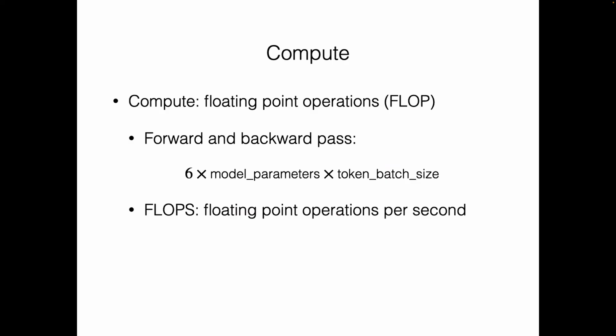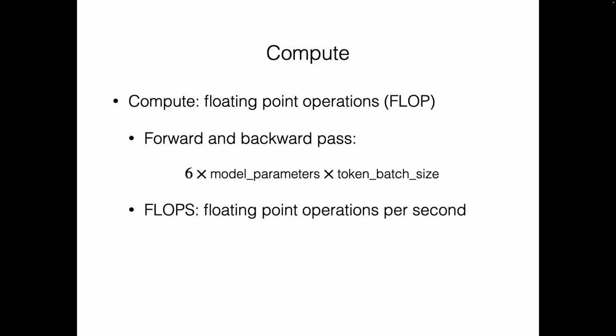So compute, we actually talked about in the previous pre-training lecture. By compute, we look at the number of floating point operations that are actually being performed when you do a forward pass through the model and a backward pass, right? Because doing any one of these things, as Tim mentioned last time, really boils down to mostly matrix multiplications.